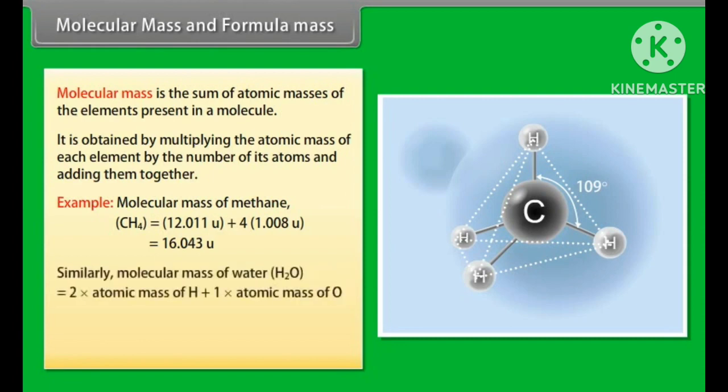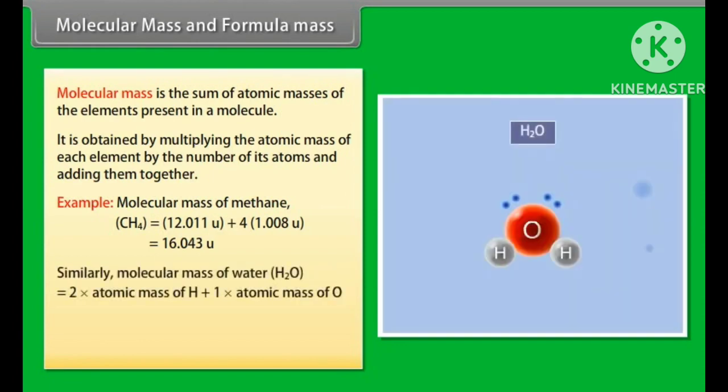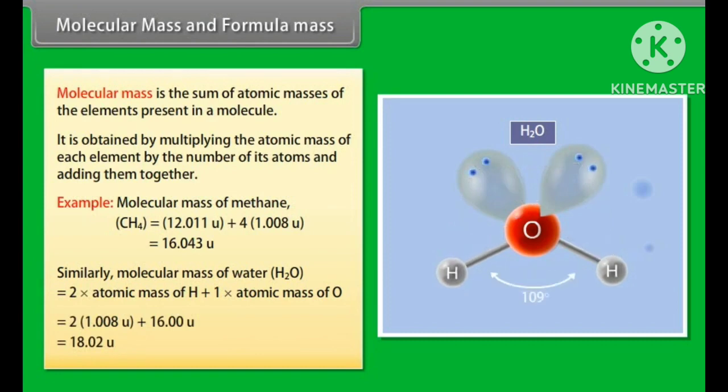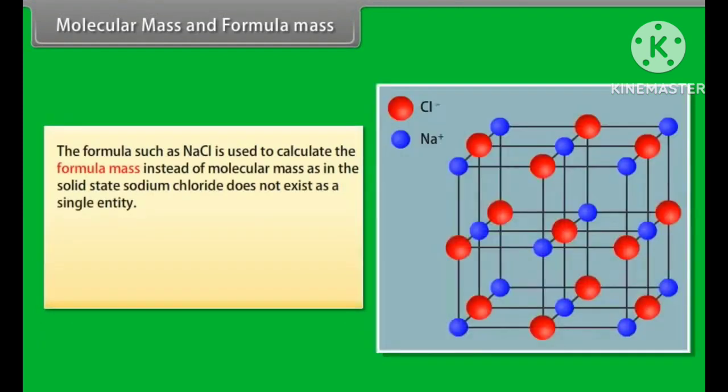is equal to 16.043 u. Similarly, molecular mass of water, H2O, is equal to 2 × atomic mass of H plus 1 × atomic mass of O, which is equal to 2 × 1.008 u plus 16.00 u, which is equal to 18.02 u. A formula such as NaCl is used to calculate the formula mass instead of molecular mass, as in the solid state sodium chloride does not exist as a single entity.